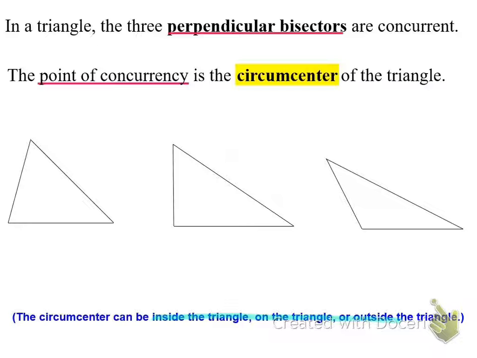So a perpendicular bisector, you remember how you have a segment. So let's talk about this segment. A bisector is the midpoint on that segment, right? So what I'm going to show you is just plotting the midpoint on each of these sides.